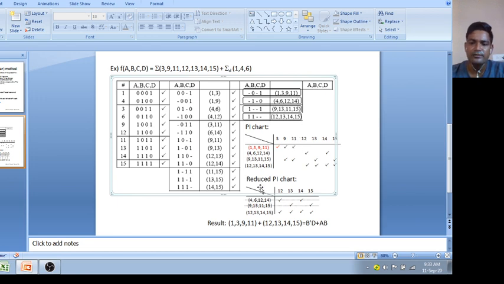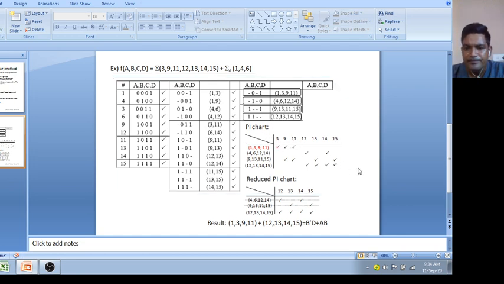Now write down all the groups here. 1 3 9 11 prime implicants in rows: 1 3 9 11, then write down 4 6 12 14, then 9 13 11 15, then 12 13 14 15, and write down minterms in columns. What are the minterms? 3 9 11 12 13 14 15.